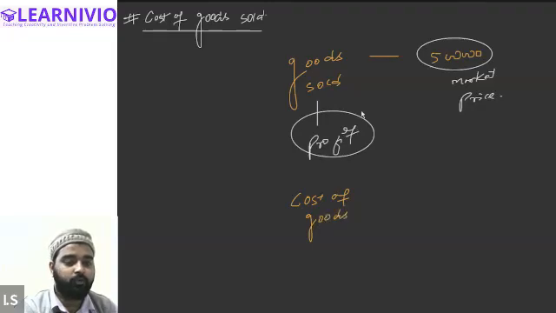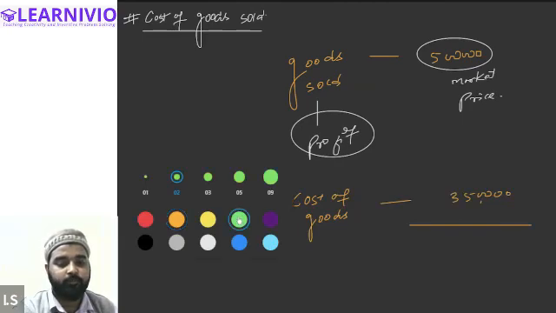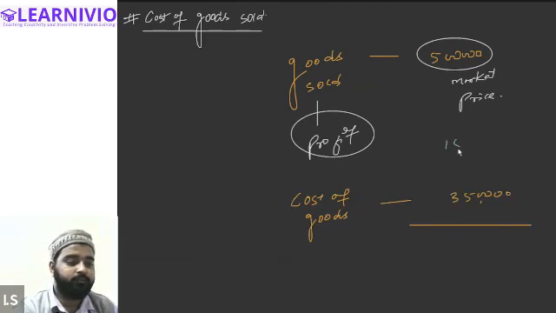So let's say the market value of the goods sold was rupees 5 lakh and the cost price of the goods sold to the customer is 3,50,000. That means this firm has generated a profit of 1,50,000. You can also say it is a gross profit.